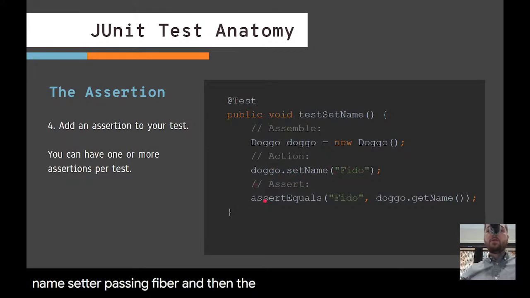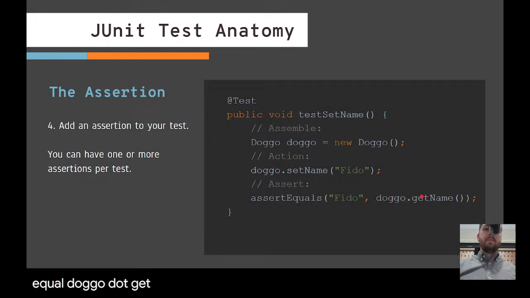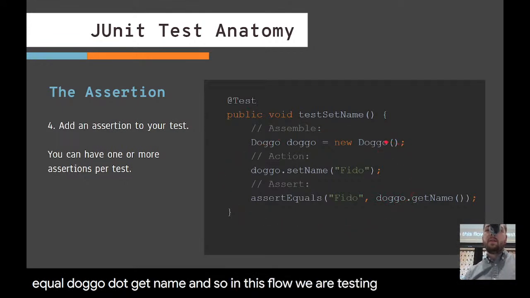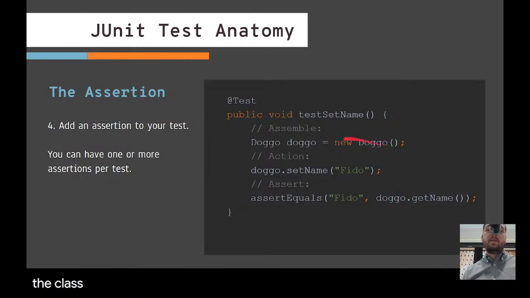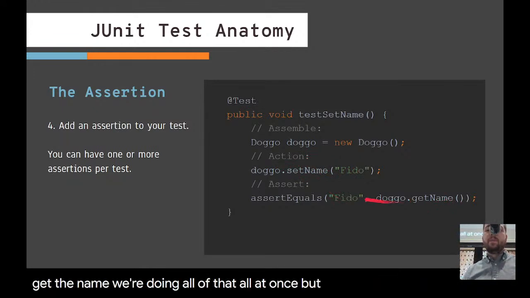And then the assertion is we say the text Fido should equal doggo.getName. And so in this flow, we are testing that we can create the class. We're testing that we can set the name, and we're testing that we can get the name. We're doing all of that all at once, but yeah, cool.